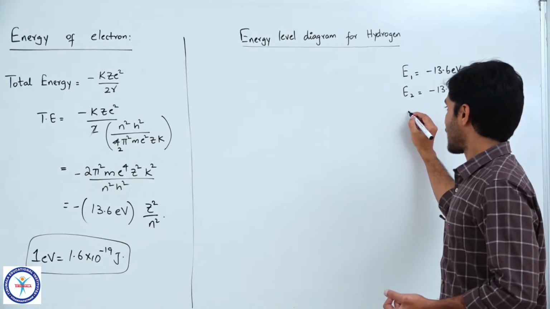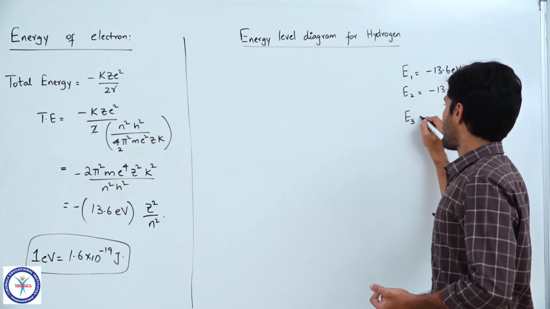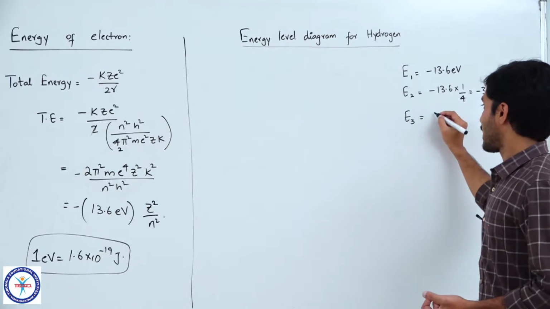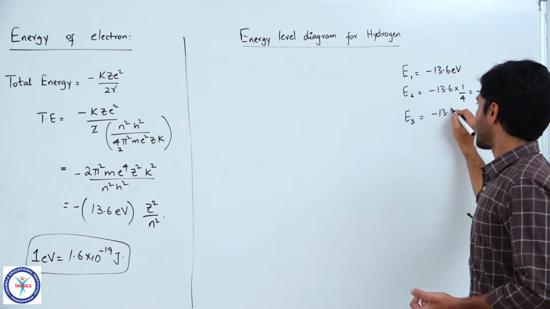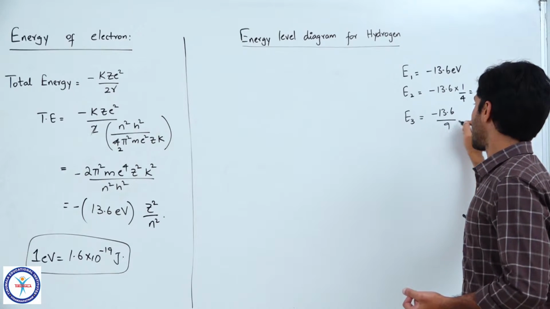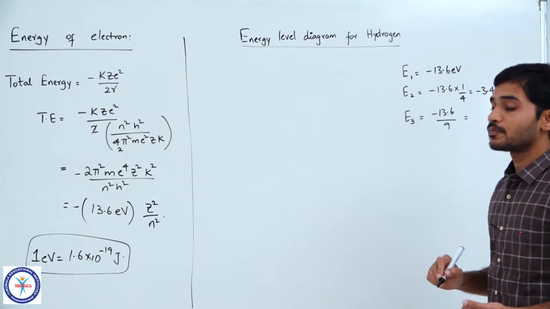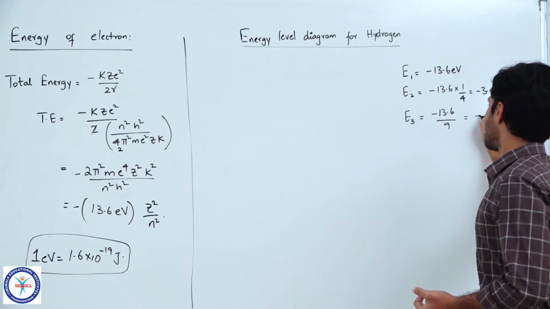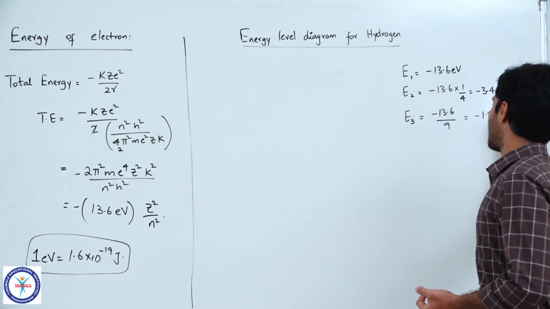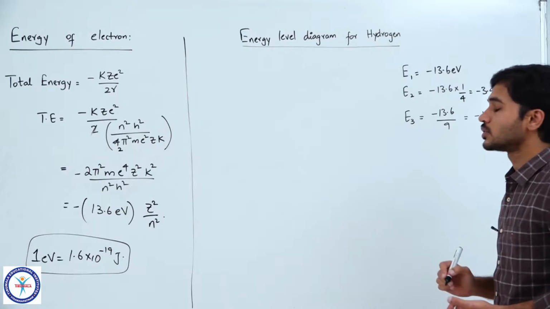And similarly, if I calculate the energy of the third orbit, the value of that would be minus 13.6 by 9, and it is approximately minus 1.51 electron volts.